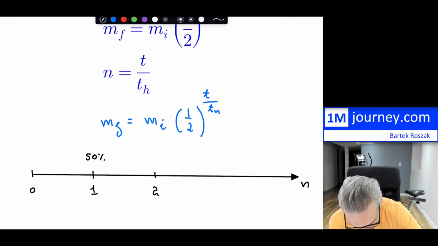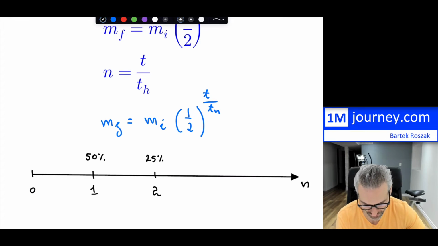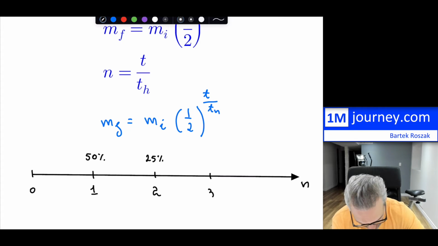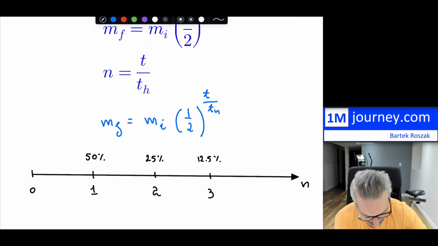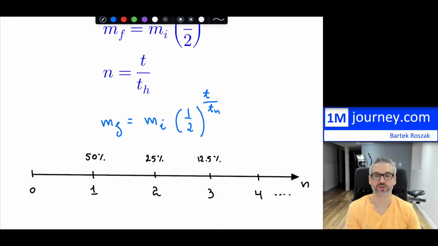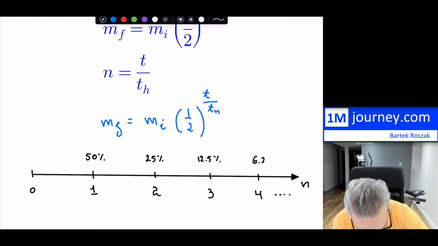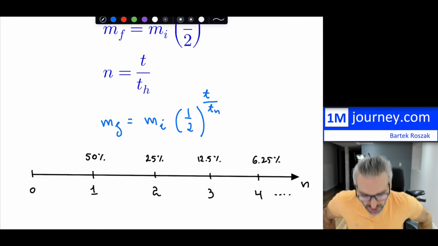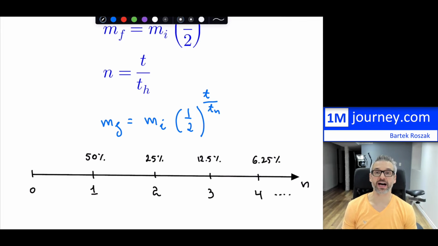A second half-life would have passed, you would have been left with 25% of what you started. A third half-life, you would have been left with 12.5% of what you started, and so on. And this continues on as you're carrying through. So within here, this would have been 6.25% of what you started. That's what you have carrying forward.